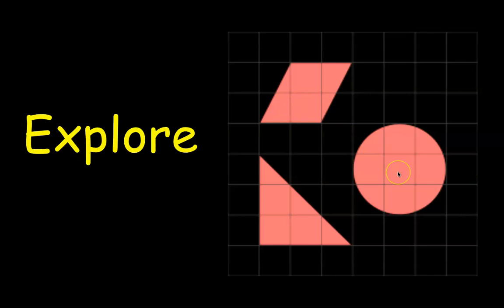And then we have a look at the circle, and circles very often have bigger areas than we think they have. Have a look at this. Well, we've got one in the middle. That's not a whole square, but it's very close. And that's not a whole square, but it's very close. And that's not a whole square, but it really is close, and that's the same there. That's bigger than a half. That's bigger than a half. And so are those two.